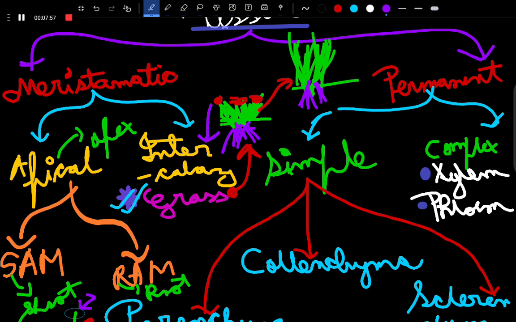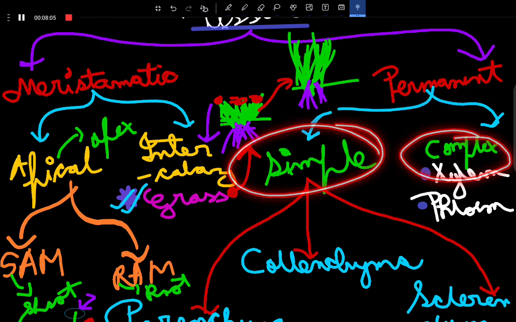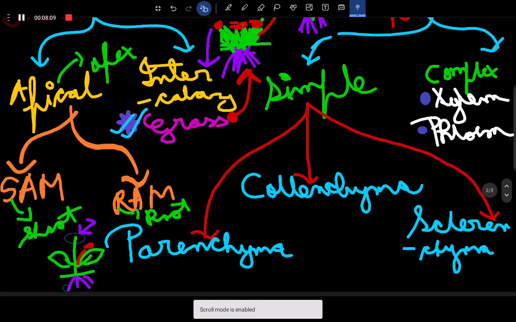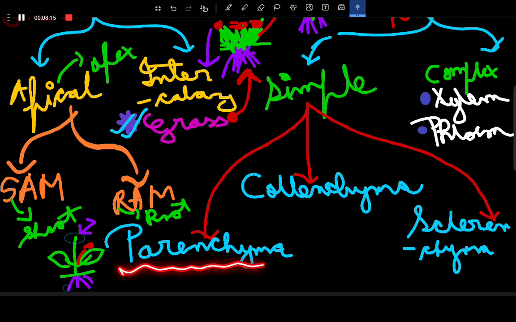I hope you understood. Now, the permanent tissues can be divided into two types, simple and complex, as easy as it can be. Now, the simple permanent tissues include the parenchyma, collenchyma, and sclerenchyma.